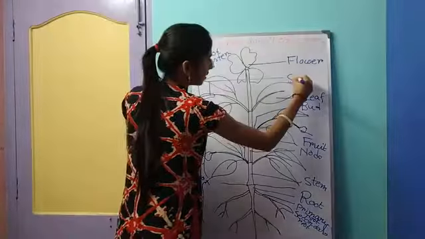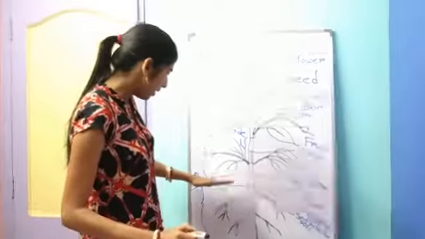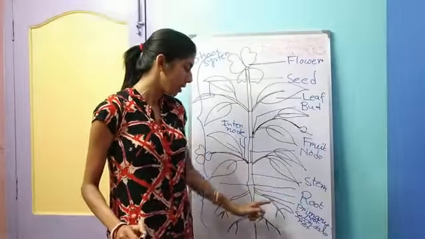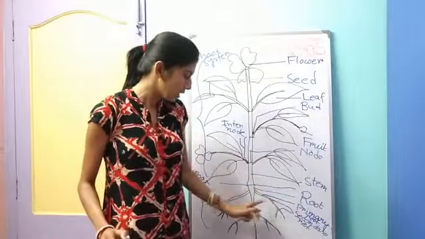So the diagram is showing different edible parts of a plant. So first of all, we will see the root system. In the root system, we can find primary roots and secondary roots. The main roots arising from that portion are called primary root.